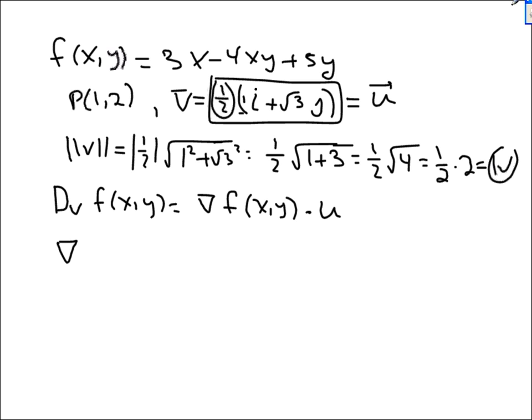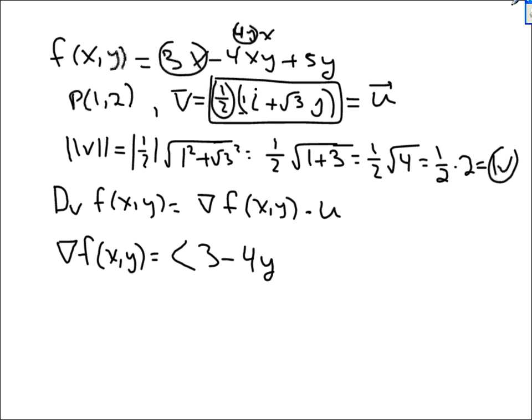Now, the gradient of f is just the partials. It's the partial with respect to x. That's 3 minus, this is like 4y times x. 4y is a constant. The derivative of a constant times x is just a constant. Plus 5y is a constant.